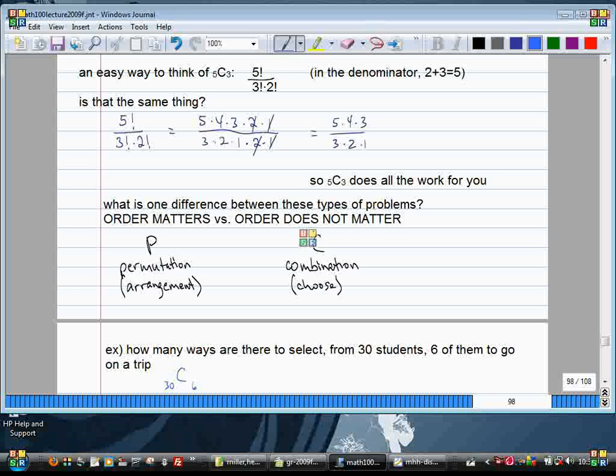So at this point, the problem is essentially half done, but we do need to go ahead and do the arithmetic. So for 30C6, what's the arithmetic? How do we keep doing this? 30 factorial divided by 6 factorial.